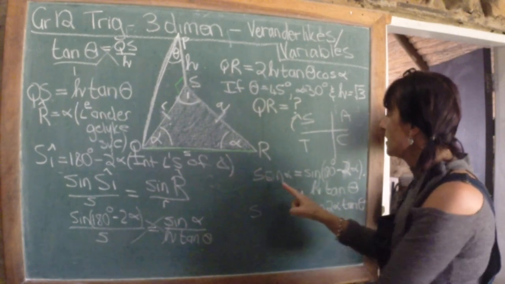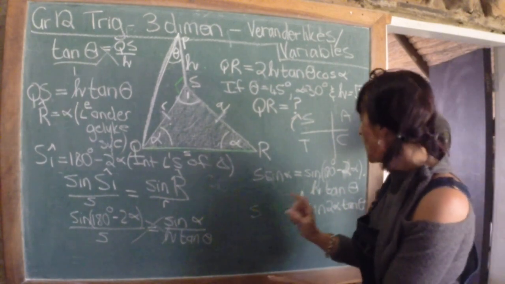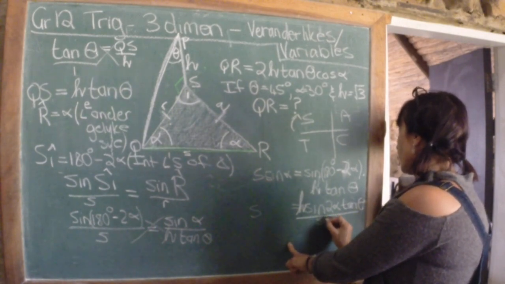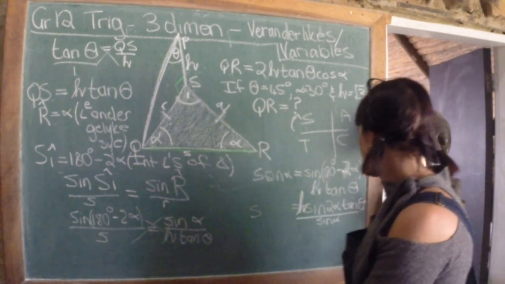En ek het aspres nie sin theta geskryf nie, want ons wil vir klein s alleen hê, so ek gaan deel met sin alpha, om vir klein s alleen te kry.